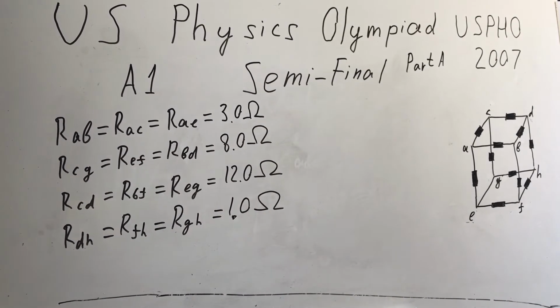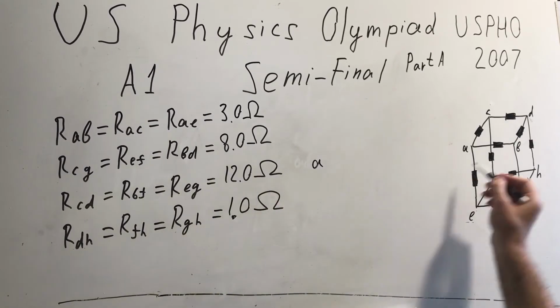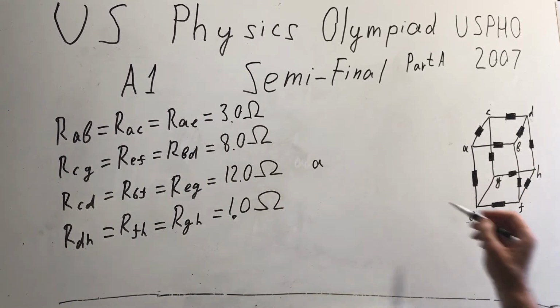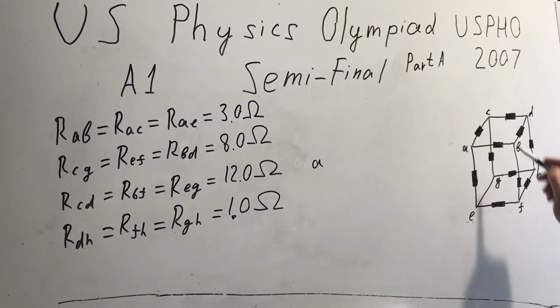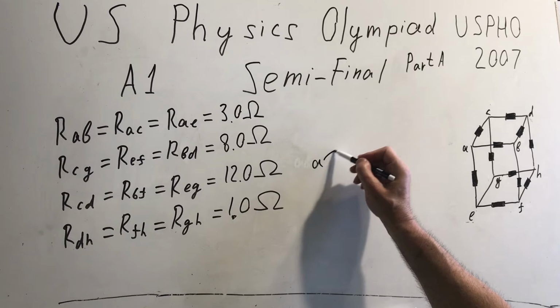It means that if we take point A, from this point we have 3 resistors, and the points C, B, E in this picture have symmetry, so they have the same potential. We can connect them.